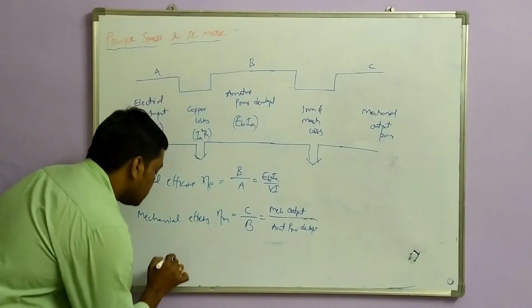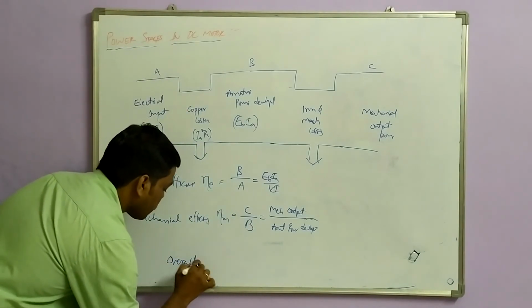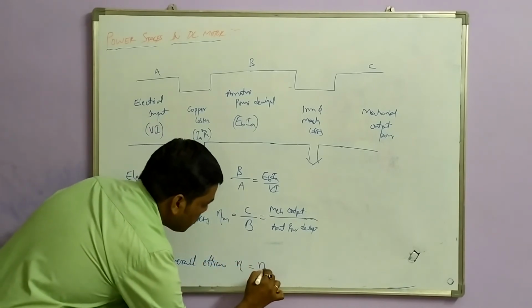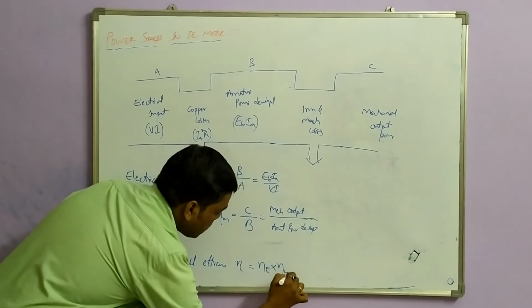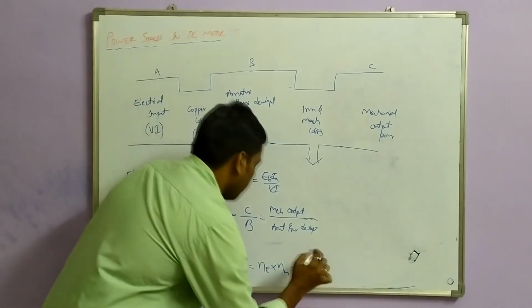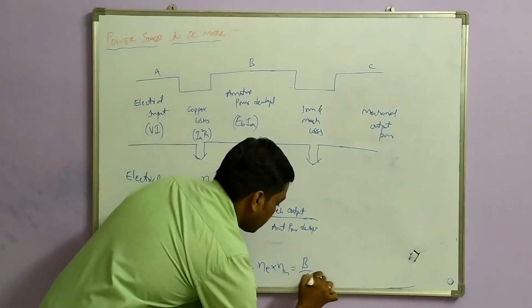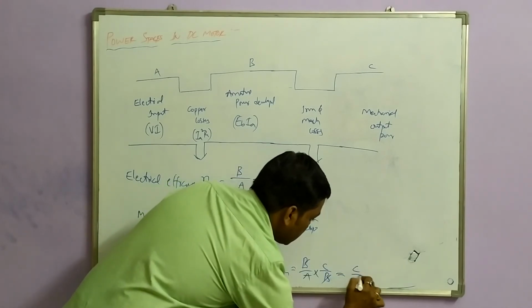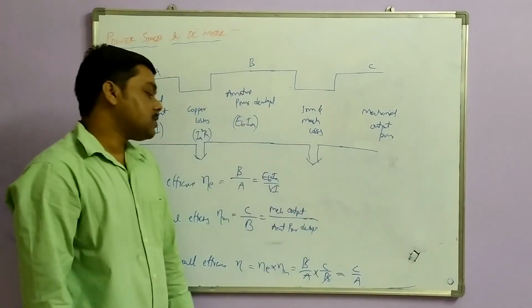Now electrical and mechanical, so what will be the overall efficiency? So overall efficiency is equal to electrical multiplied by mechanical. Now what is electrical? B by A, and mechanical is C by B. Now B cancels, we will get C by A. Now what is C by A?